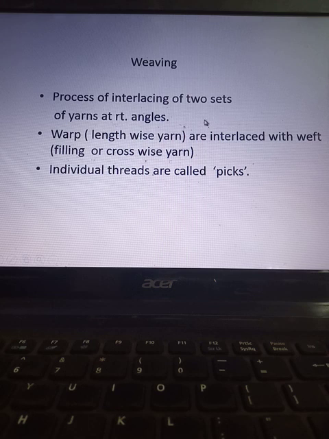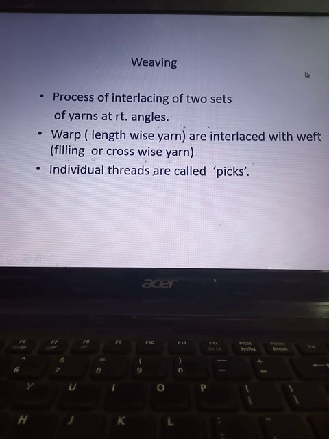And I told two sets. The set of yarn or thread which is lengthwise is called warp, and that thread which is crosswise is called weft. Warp is lengthwise, weft is crosswise.